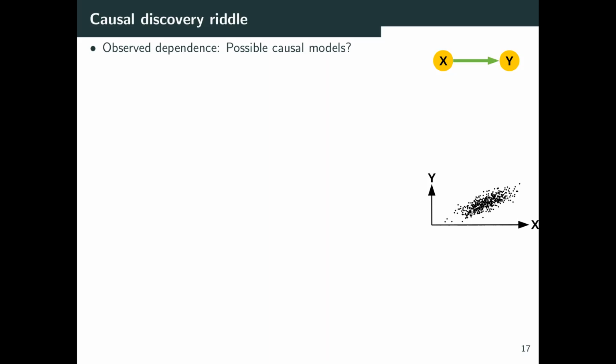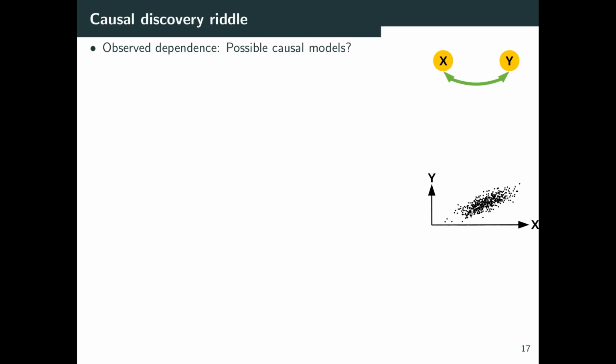Well, we know that X could cause Y. This could be a causal relation that would produce such data. But the same would hold if Y causes X. You could in principle get the same kind of data. And lastly, if there's a confounder between X and Y, you might also get the same kind of data.